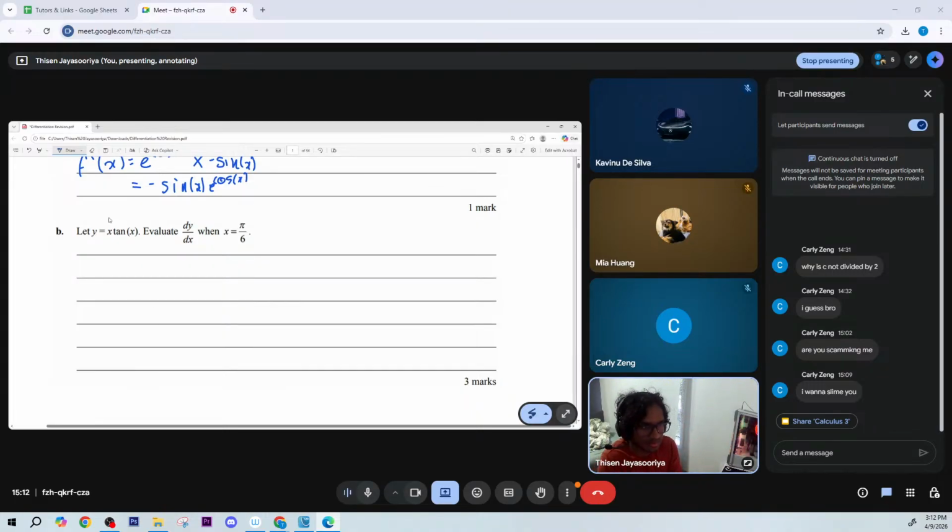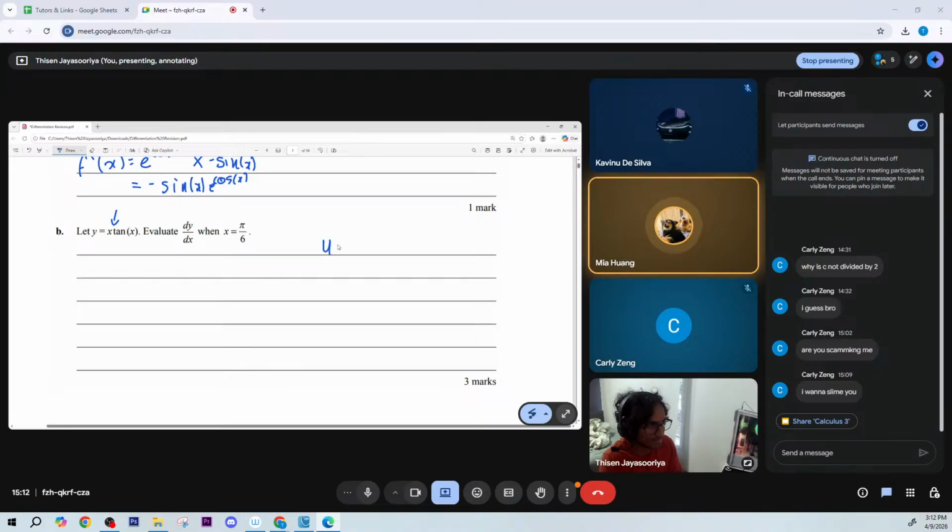So Mia, I'll ask you to do this one. What's the derivative of this function evaluated at x equals pi on 6? So how can I first find dy on dx? Do I need to separate it? Oh yeah. So y would be tan of u.